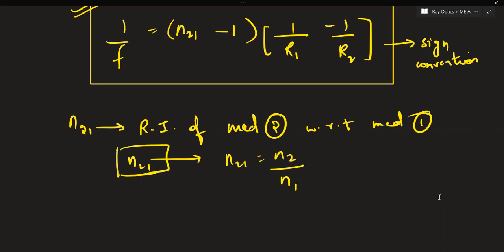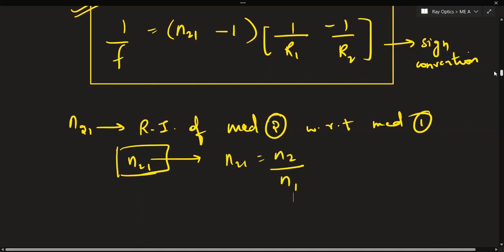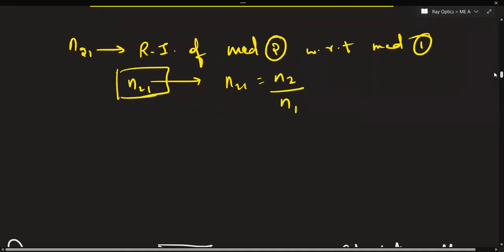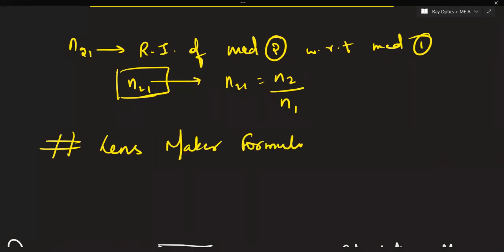All right. And class, one more thing. This is a very, very common mistake that students do. Lens maker formula is what you have studied. That is 1 by f is equal to n21 minus 1, 1 by R1 minus 1 by R2.